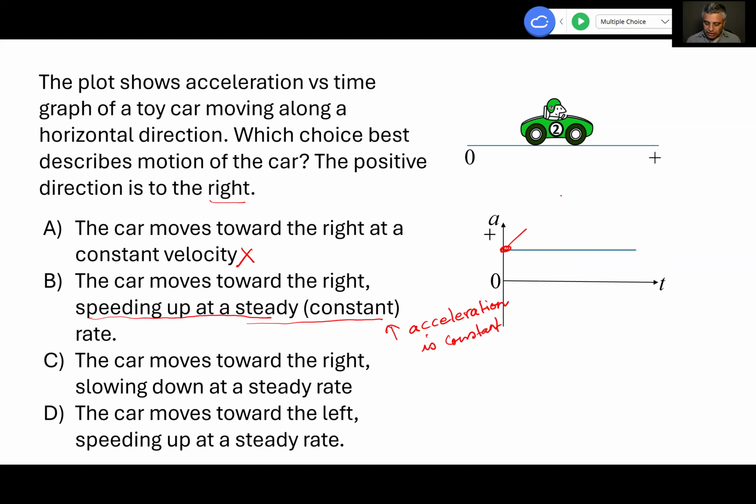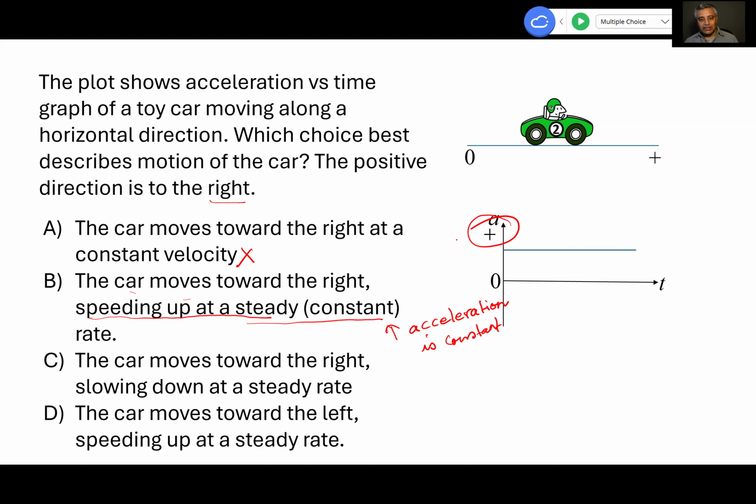It's not increasing or decreasing. A flat line means constant, so acceleration is constant. Acceleration is to the right, and the car moves towards the right and is speeding up. We know the acceleration is to the right based on the plot.